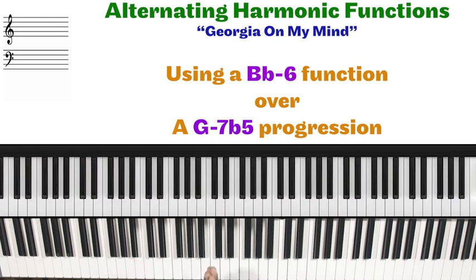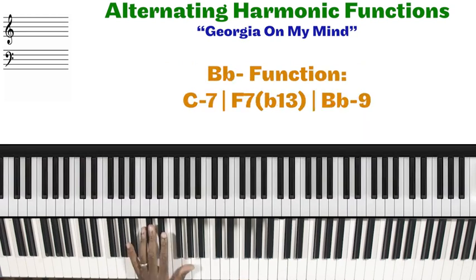So really just a 2-5 of B flat minor. Not a minor 2-5, just a 2-5, because we have the C minor 7, not a C minor 7 flat 5. And so again, we'll create a melody to harmonize as we move through these progressions, right?